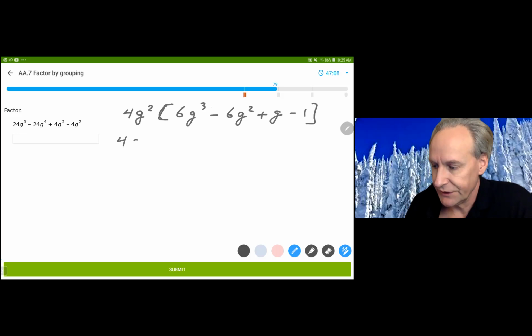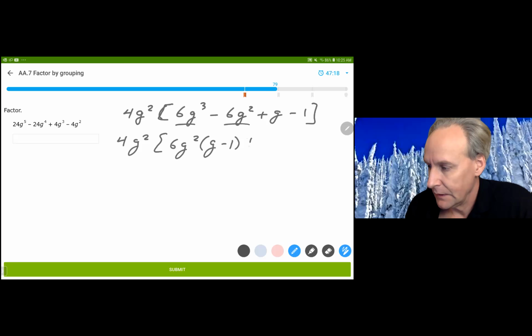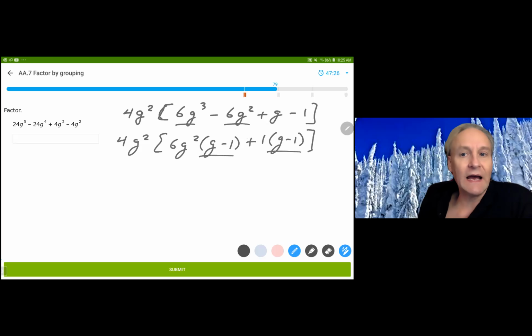And I've got a 4g squared. I'm going to take out the 6g squared, and I have a g minus 1. I'm going to take out the 1, and I have a g minus 1. And I'm going to go ahead and factor it just so you can see it a little better. Hopefully with the brackets, it makes it clear what's happening.